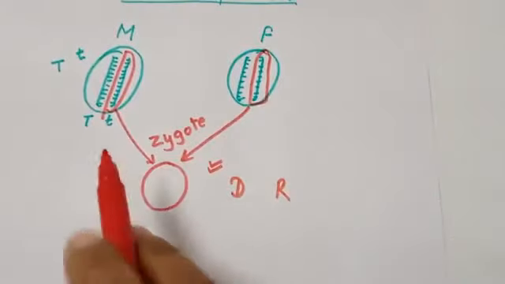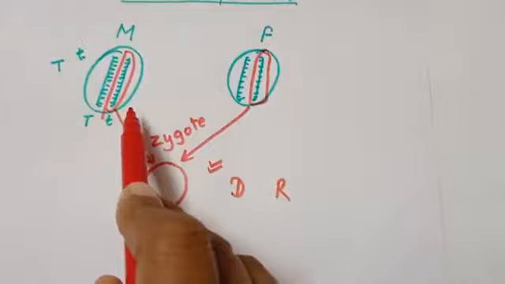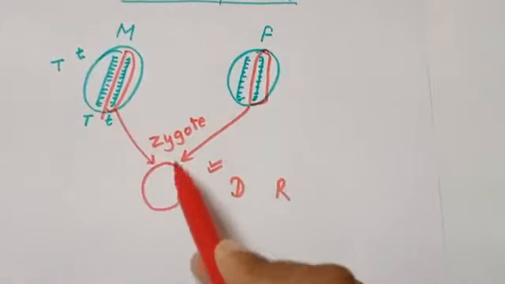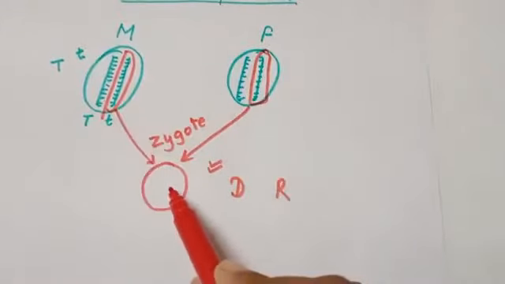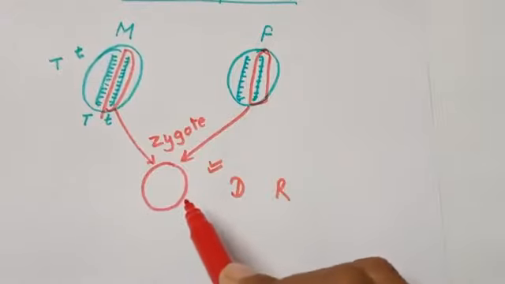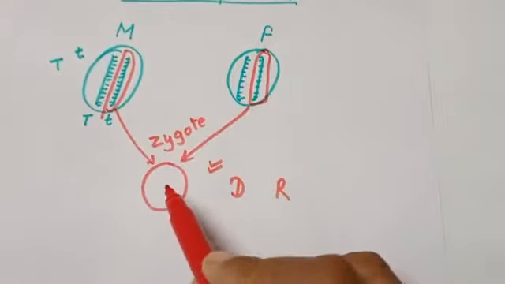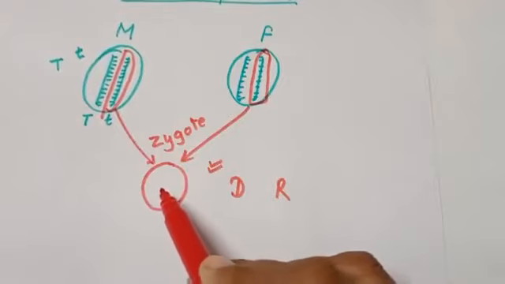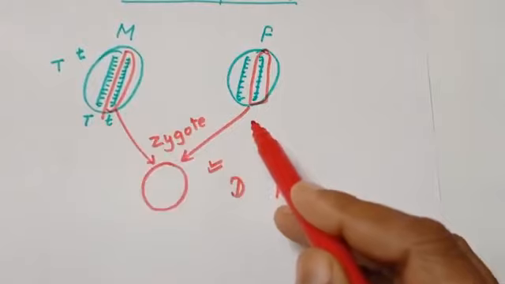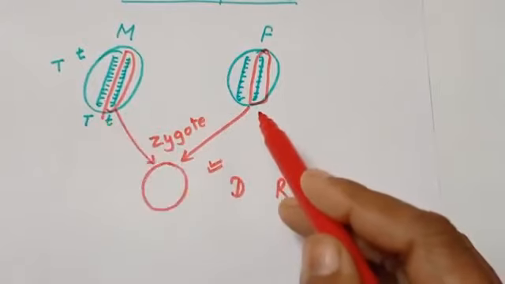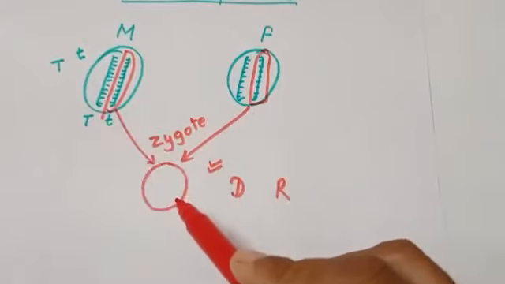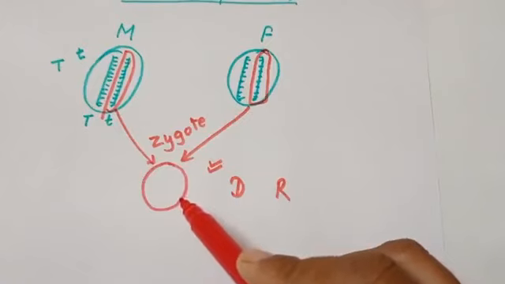So if the dominant gene has come either from the male or female into the zygote, then that will display its character, and that characteristic will be there as a dominant one in the zygote also. If the recessive gene has come, then that will show its character. So accordingly the traits will be displayed.